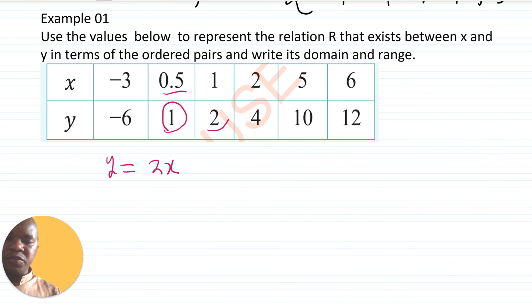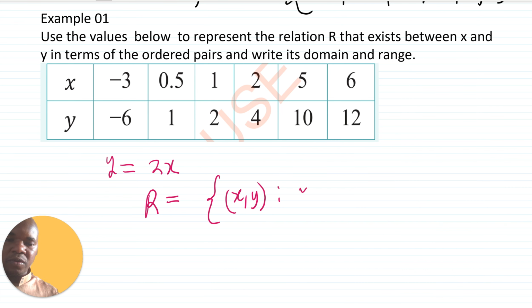To get 2 here, you multiply 1 by 2, and so forth. So we can see that the above relation is a set of ordered pairs (x, y) such that y is equal to 2x. So that is a relation, dear students.